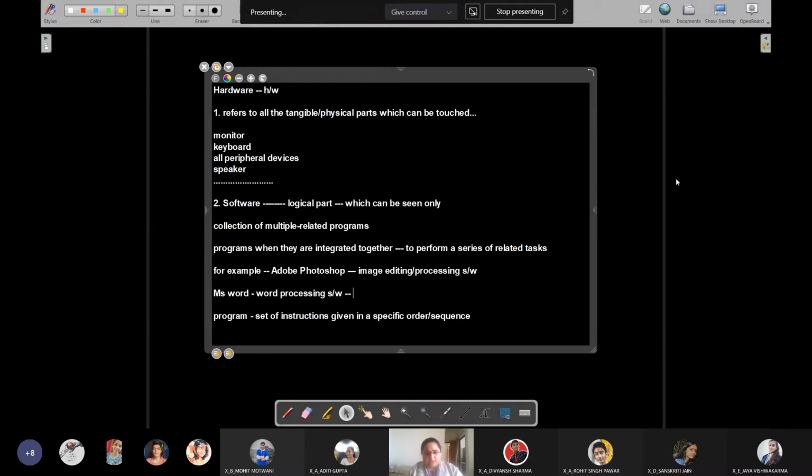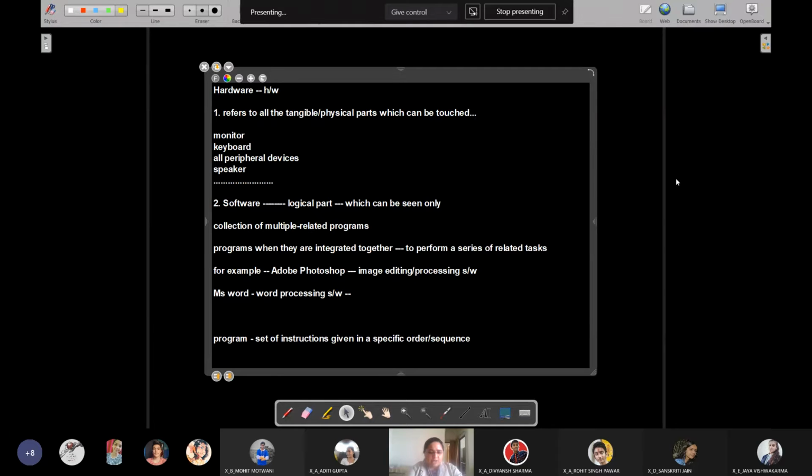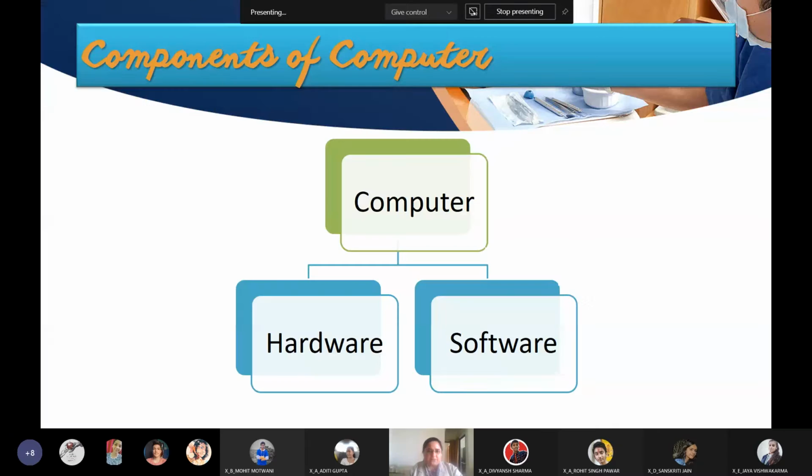It's not just software that we use for one type of task; there are also system softwares which help us to interact with the hardware. They form an interface between the user and the hardware and help us to work with the bare hardware, right? So that was about hardware and software.